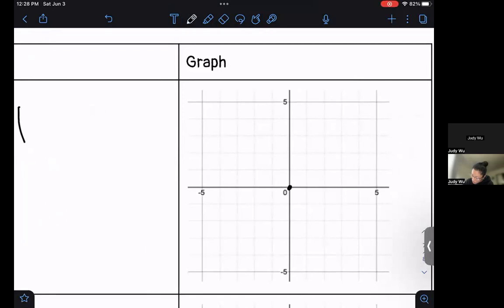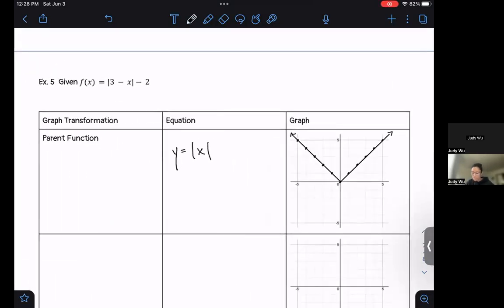So 0, 0, 1, 1, 2, 2, 3, 3, 4, 4, 5, 5, but also negative 1, 1, negative 2, 2, negative 3, 3, negative 4, 4, negative 5, 5. And unlike our previous example, we should end up with a V shape and not a U shape. Okay. So we've got a nice picture right there.